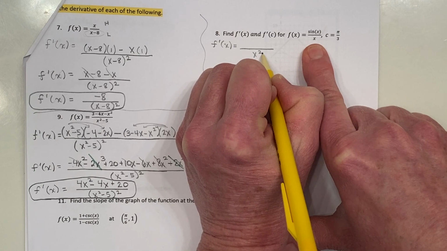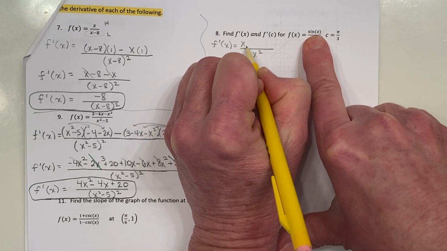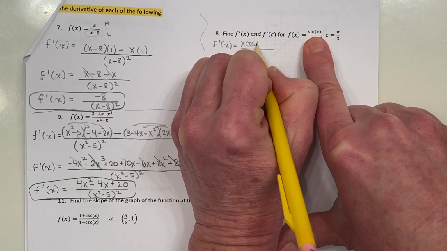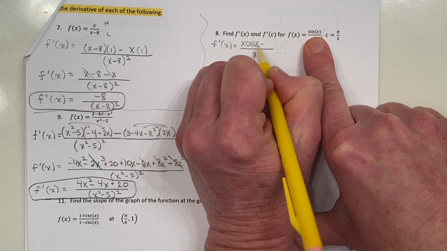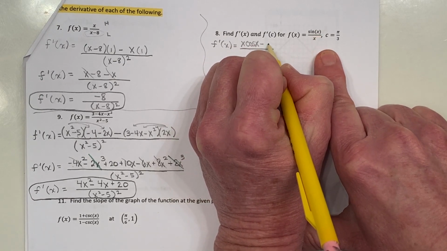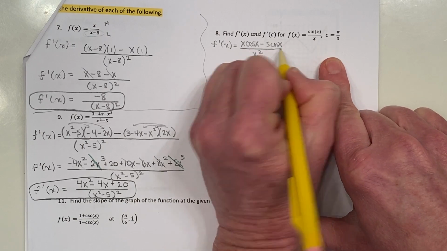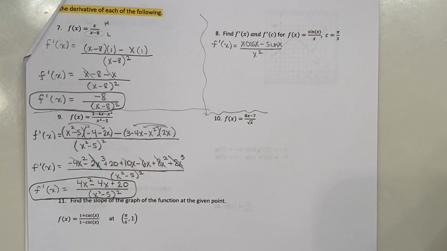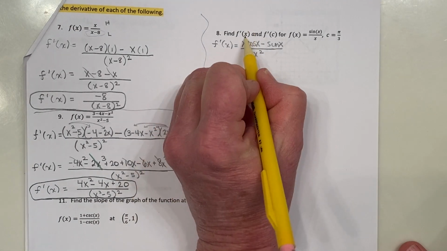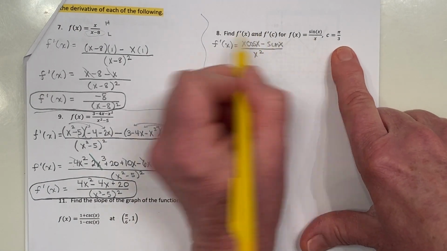So low squared, low, derivative of high is cosine, minus, never plus in the quotient rule, minus high times derivative of the low, which is just 1. Okay, at this point, we've found f prime of x. Now let's plug in pi over 3 to find f prime of c.